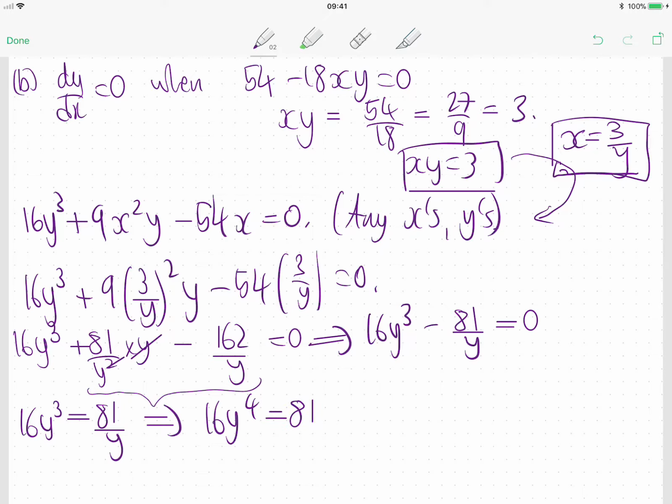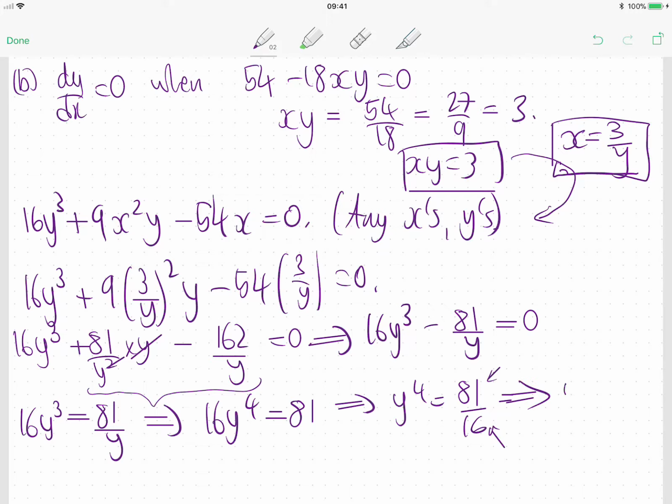I find that 16y to the 4 is 81, so y to the 4 is 81 over 16. At this point I start to feel quite confident because these are both powers of 4, so I feel like I've done something right here.